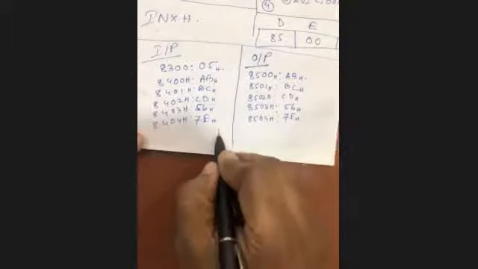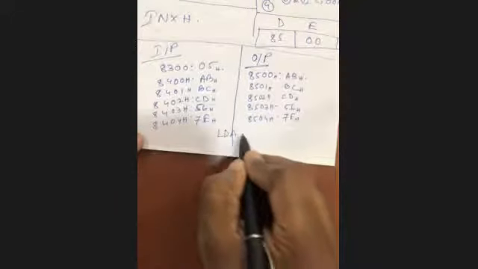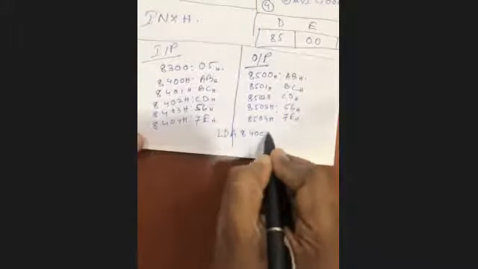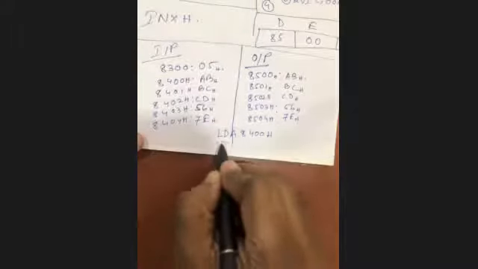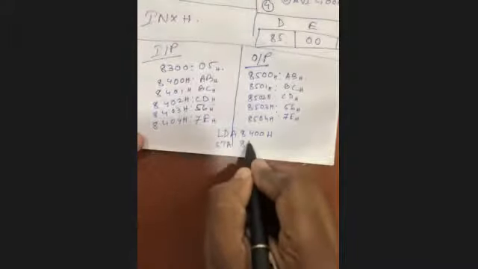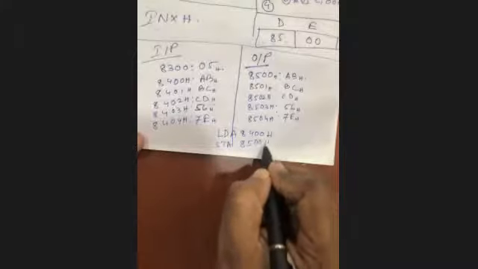I am doing these two instructions, LDA 8400H, STA 8500H. What will happen? First LDA 8400, the data will be copied and go to the accumulator.